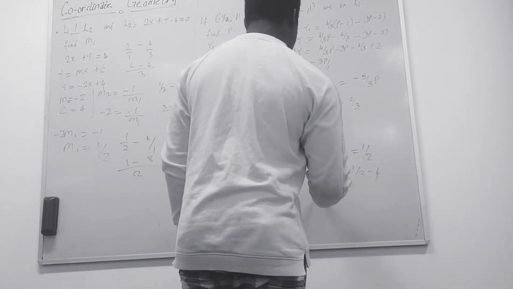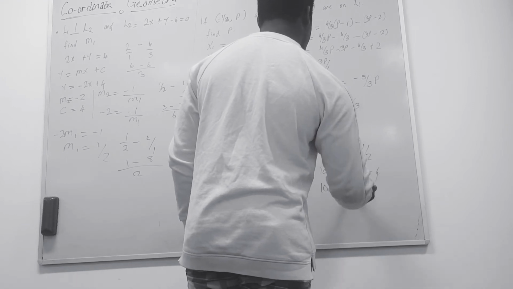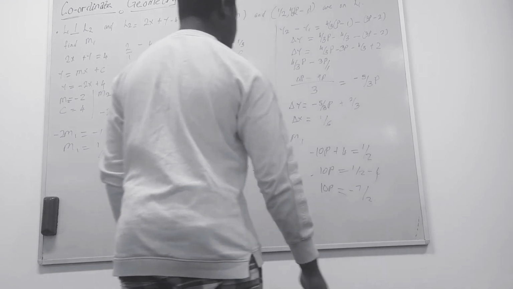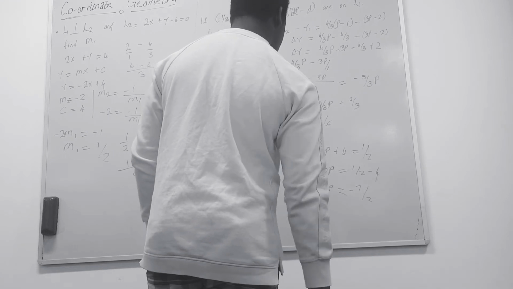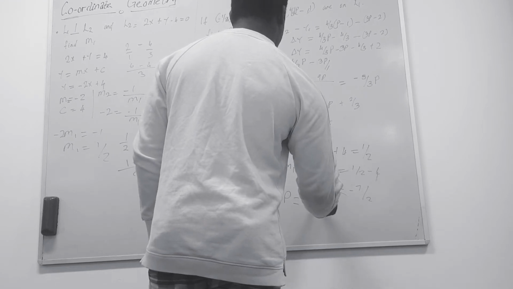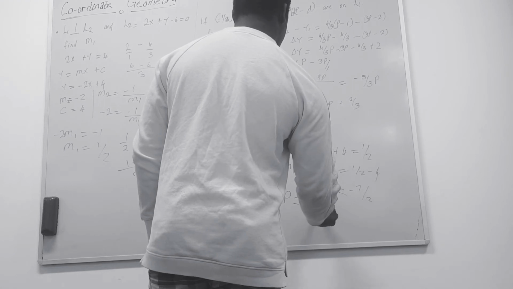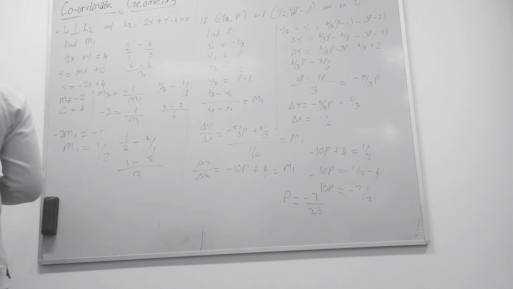So we have 10P is equal to minus 7 divided by 2. Hence, P is equal to minus 7 divided by 20. That's the value of P.